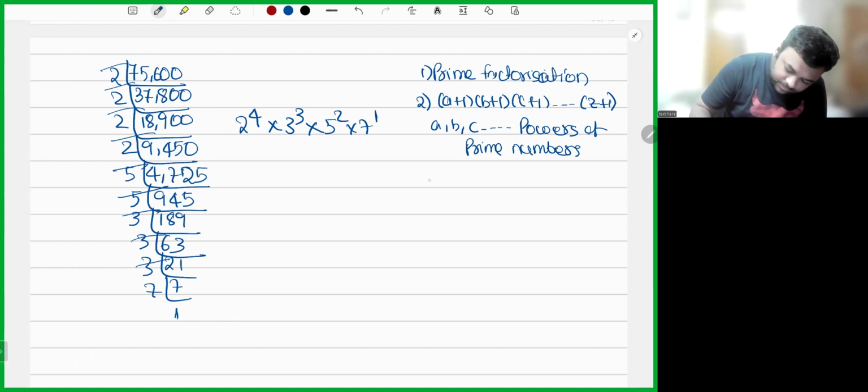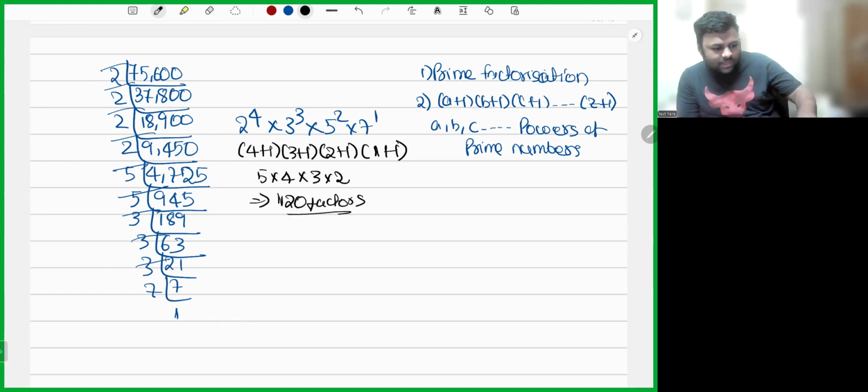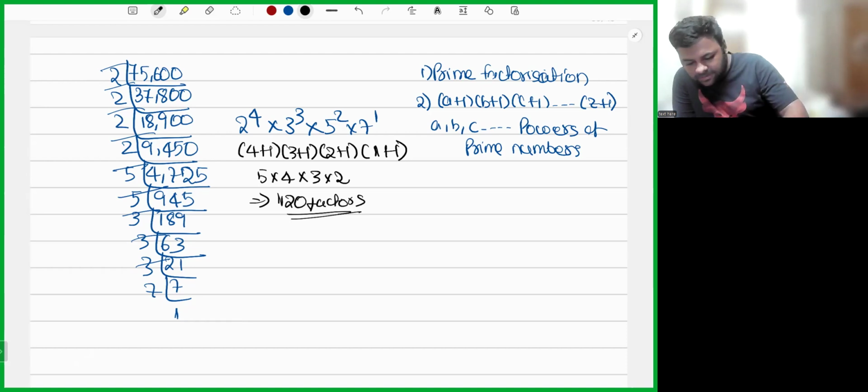Answer will be 4 plus 1, 3 plus 1, 2 plus 1, and 1 plus 1. 5 into 4 into 3 into 2. 120 factors are possible. Total 120 factors are possible for 75,600.